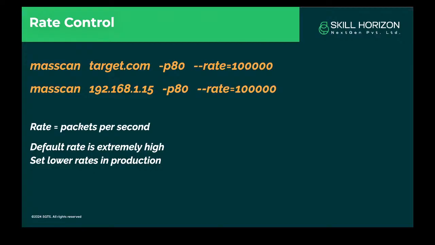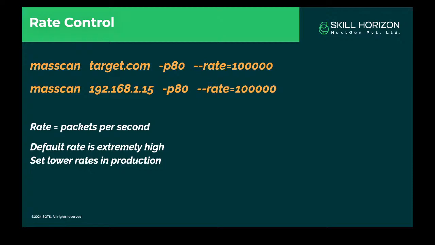That's why the flag hyphen hyphen rate is used. If you have a target or an IP and you want to scan a single port, multiple ports, a range of ports, or different ports, you can use the option hyphen hyphen rate equals, and then provide the rate.